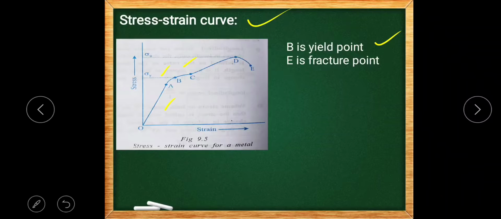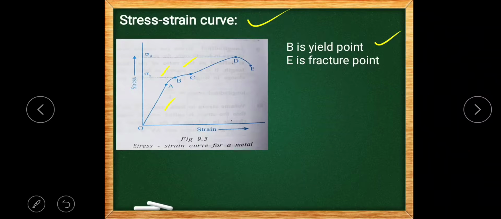Right. And here the stress corresponding to point D is called the ultimate strength. Ultimate strength means beyond this point the strain increases even if the applied force is removed.